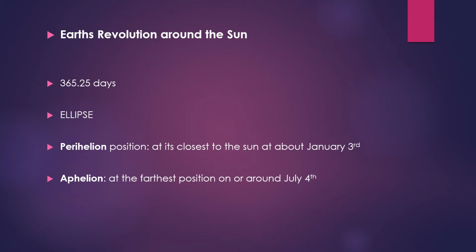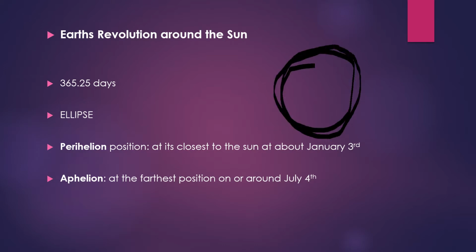What I want you to take from this is that our proximity to the sun has nothing to do with our seasons. Our seasons don't depend on how close we are to the sun. What matters is how the Earth is tilted. Our Earth is tilted at 23.5 degrees.